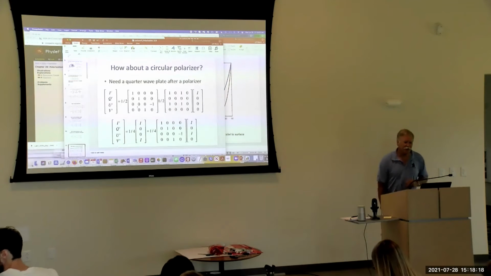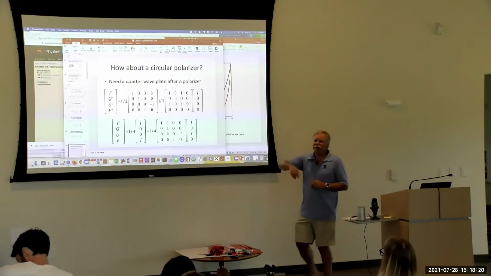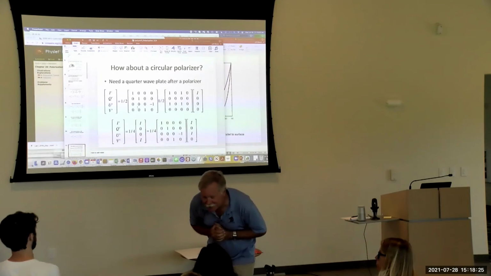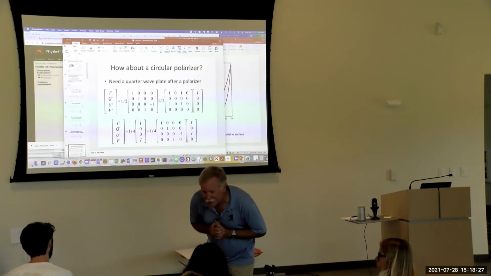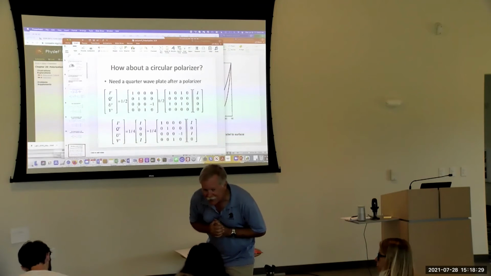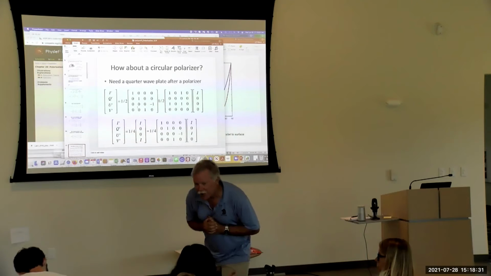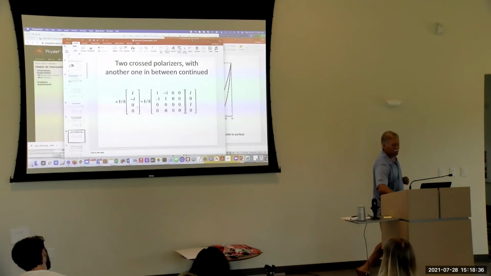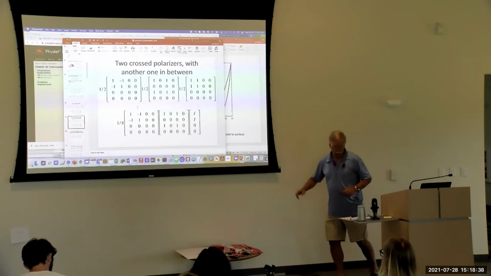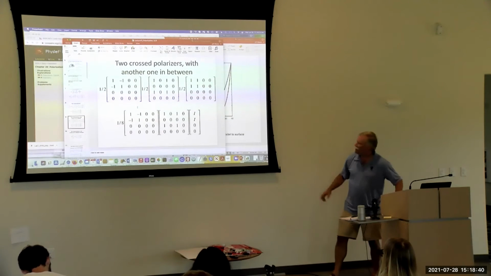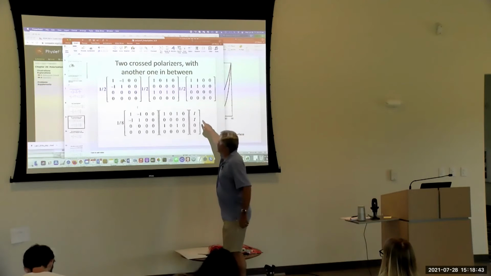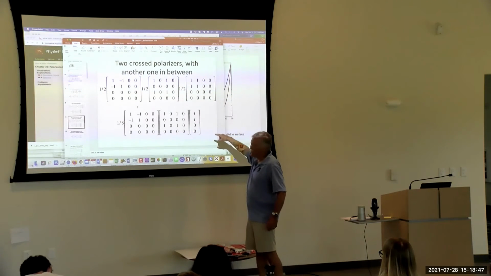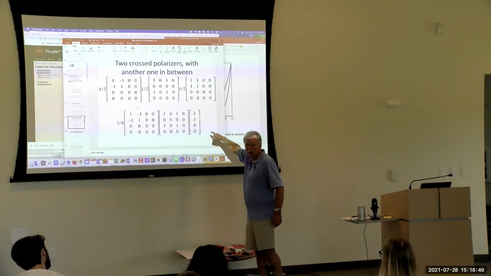Circular polarized light. How do you make something? Let's see. On this row, I had this one that was polarized. Now, after the first polarizer, it's polarized in the parallel direction, so it's a constant one.